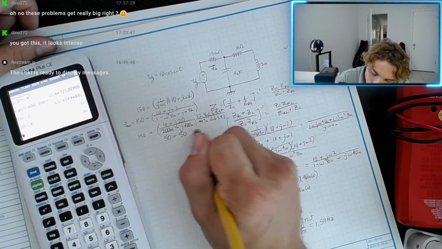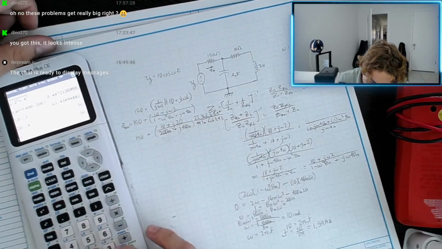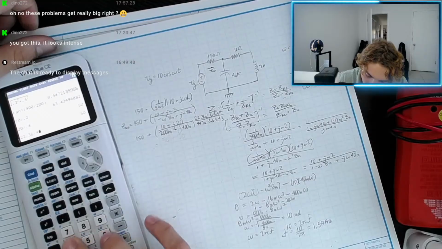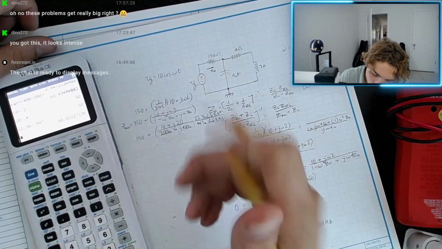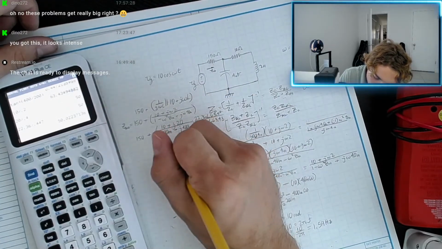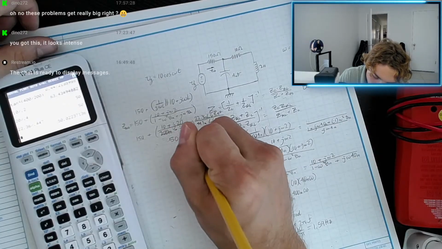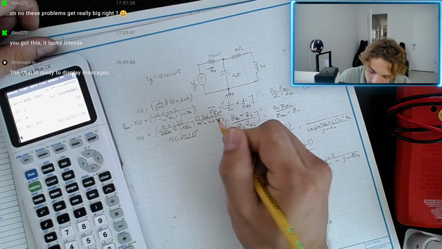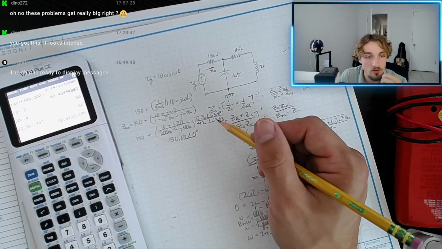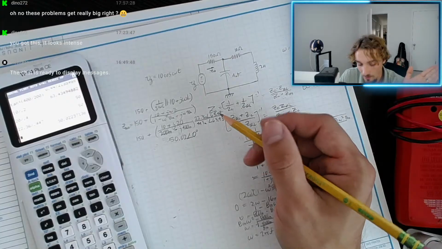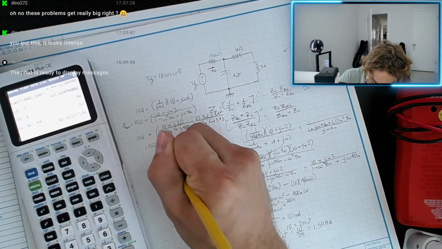Wait a second, no. 22.36 divided by 0.447, oh, still that. 50.02 angle 0 degrees, because doing a division would be a subtraction of the denominator angle from the numerator angle, right? So 150 plus.